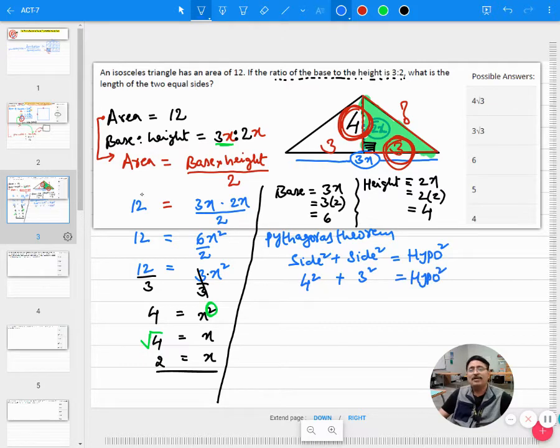In fact, several times I reminded that 4 square means it is not 4 times 2, it is 4 times 4. The same number is to be multiplied by itself. So 4 times 4 gives us 16. 3 square means 3 times 3, that gives us 9. So hypotenuse square equals 16 plus 9, 25.